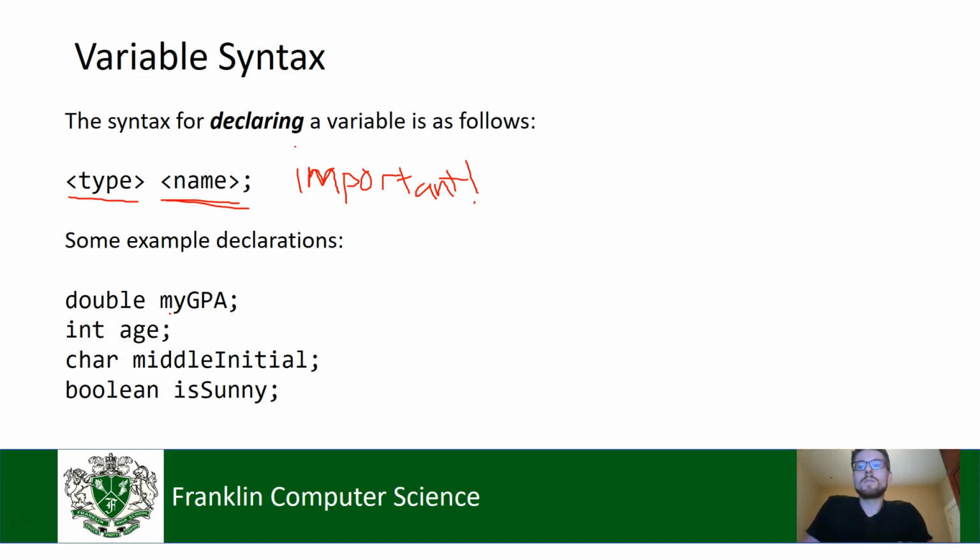Maybe you wanted to have a weather app and do something if it was sunny and not do something if it wasn't. So isSunny is true or false. You could have a city, which would be a string. That's a bunch of characters together, or any other kind of sequence of letters would be a string. So these are some example declarations of variables.